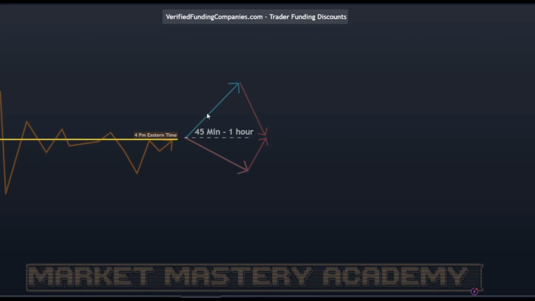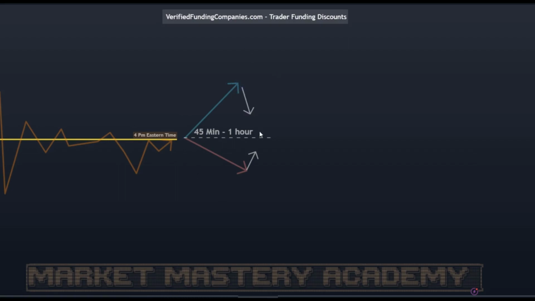Once that macro ends, price is going to start moving back towards the New York close, like that. Either it went bearish or bullish, it doesn't matter. What's important is that it starts moving towards the New York session close. And this usually happens about an hour into the session.